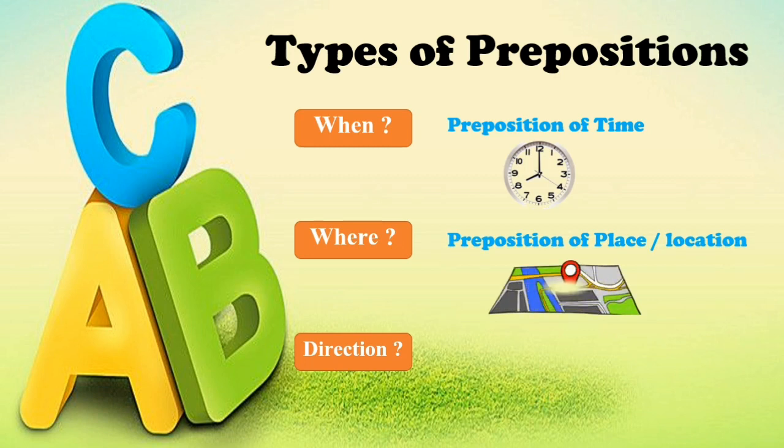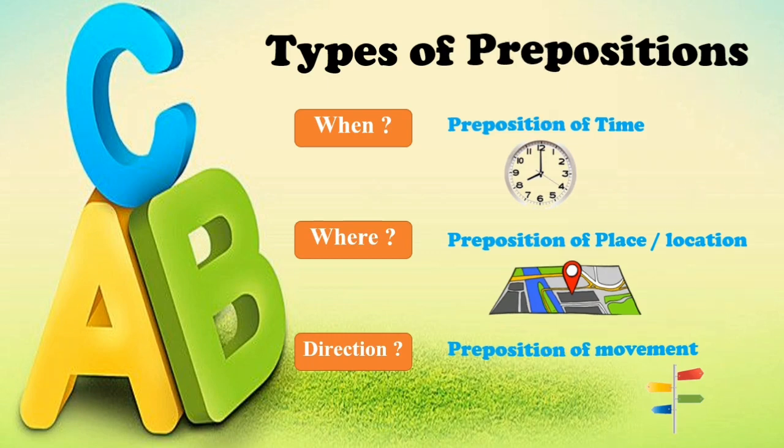As per the location, it is called preposition of place or location. Then it is preposition of movement, how they are moving, directly towards, to, like this. These words are used as prepositions of movement.